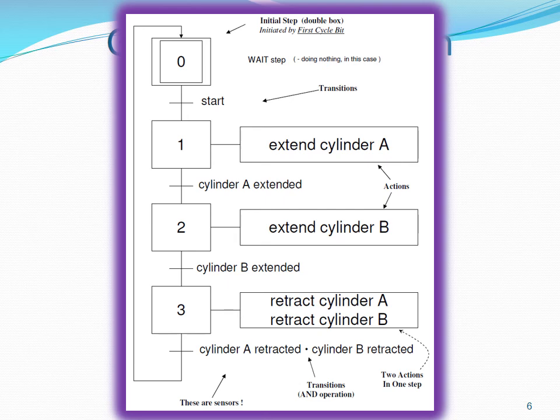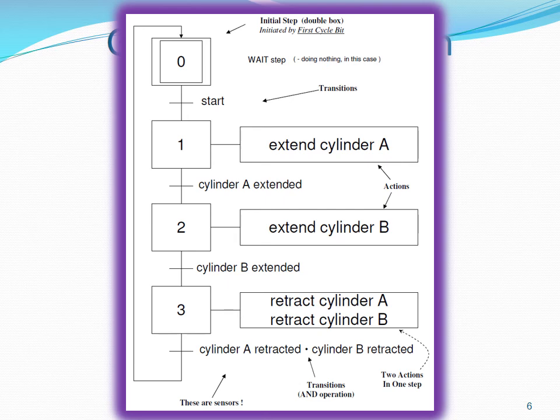The system starts off in an idle state, which is step 0. When the start button is pressed, the system moves from step 0 to step 1. During step 1, cylinder A is extending. When cylinder A becomes fully extended, the system moves from step 1 to step 2.